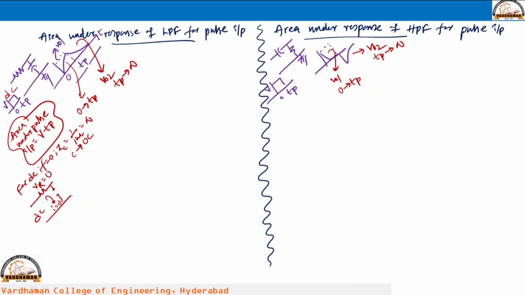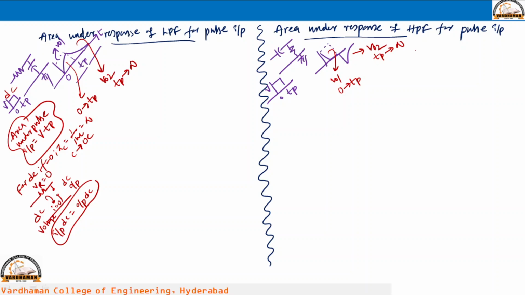But KVL is to be satisfied. In the input we have DC voltage, resistor is not taking any voltage, that means same DC should be coming to the output. Okay. So, input DC is equal to output DC. Resistor is not taking any voltage. Same concept we will apply for the high pass filter.